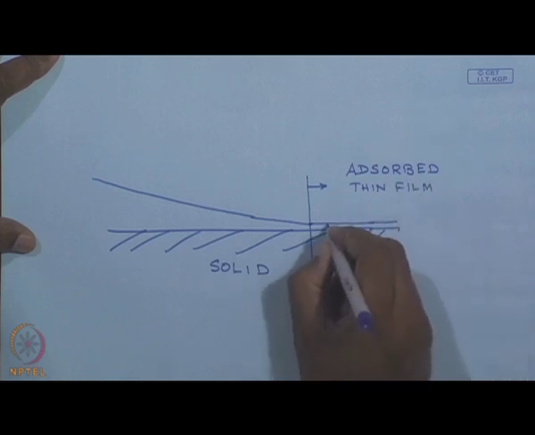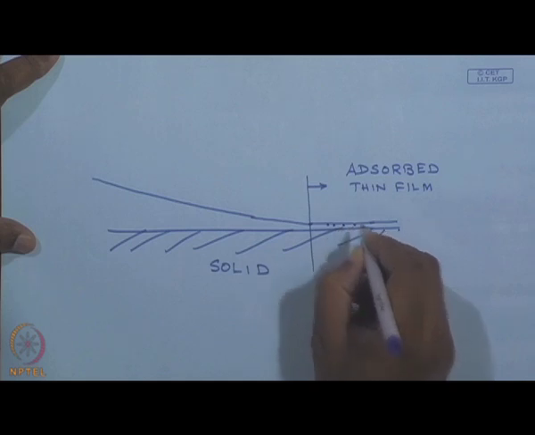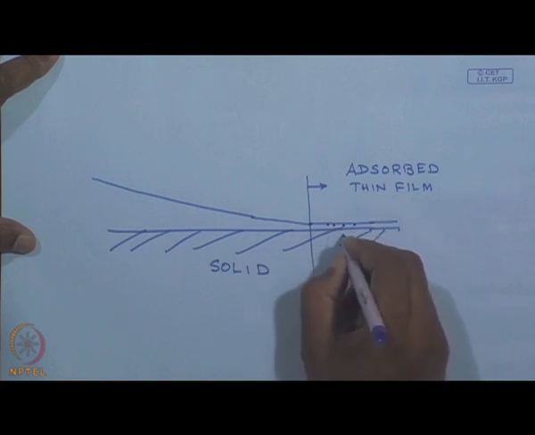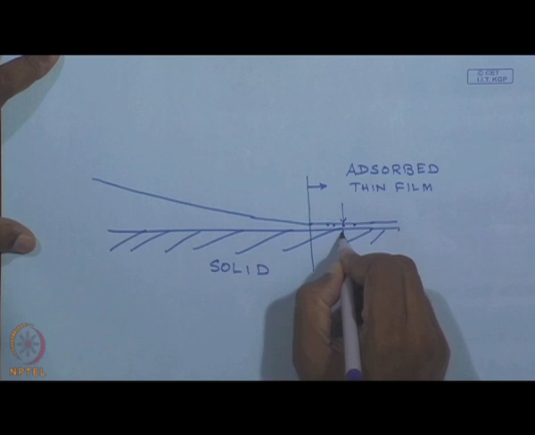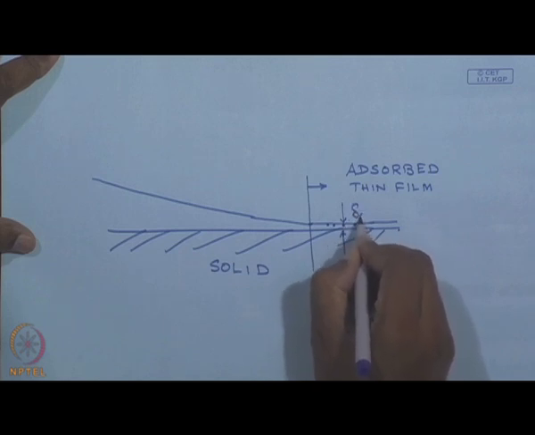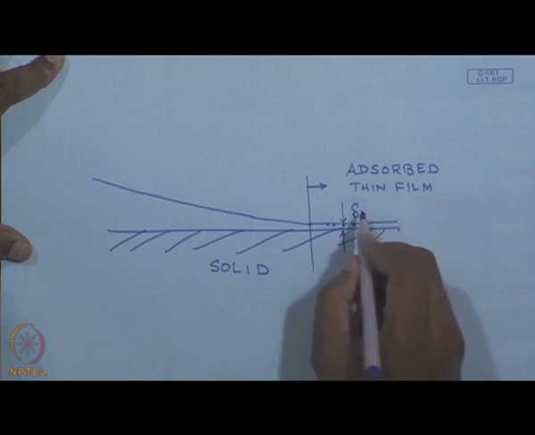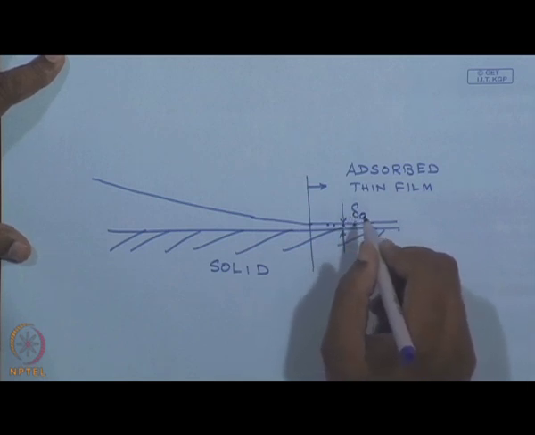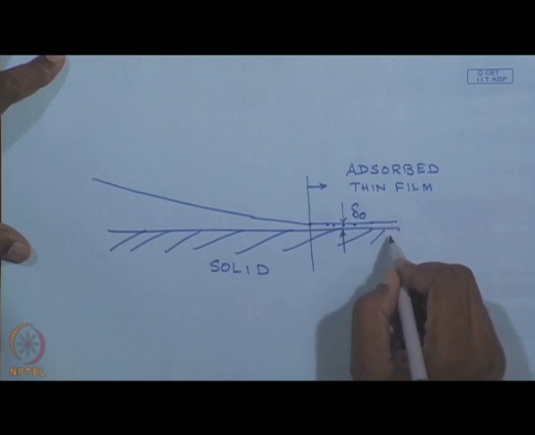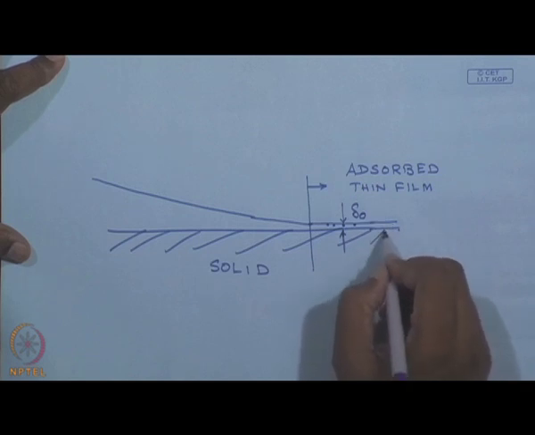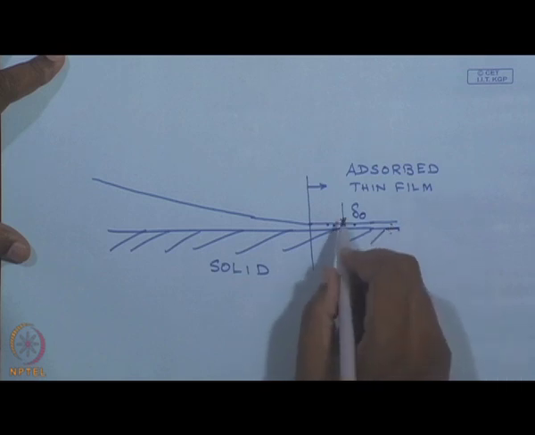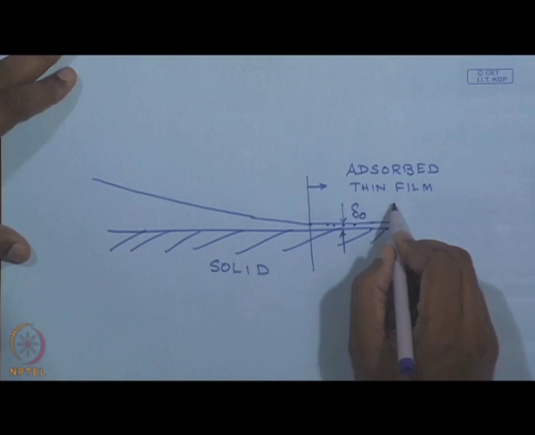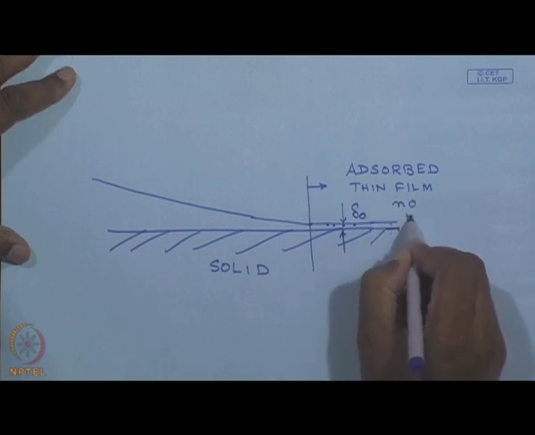In here, the molecules of the liquid are strongly bound to the solid surface due to intermolecular forces, and therefore, no evaporation can take place from here. The thickness of the film is denoted by delta 0, the adsorbed film thickness, which depends on the liquid-solid combination and the temperature of the solid and the liquid. So, in this region where an adsorbed thin film exists, there can be no evaporation.